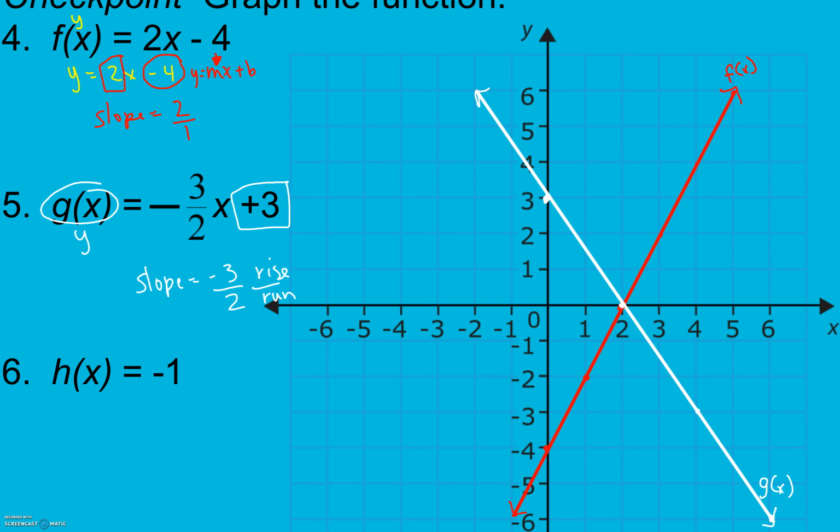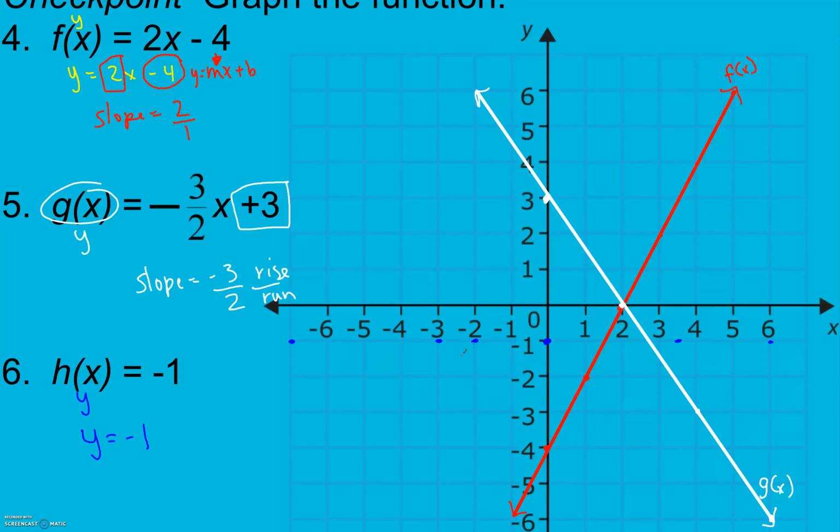Last one here, h. Remember, we replace h of x with y. So what I really have here is y equals negative 1. I only have one variable, so I know it's either going to be straight left and right or straight up and down. And since this is a y line, I want all the points that have a y value of negative 1. So at my intercept, and here, and here, and here, and any point that has a y value of negative 1. 6, negative 1.